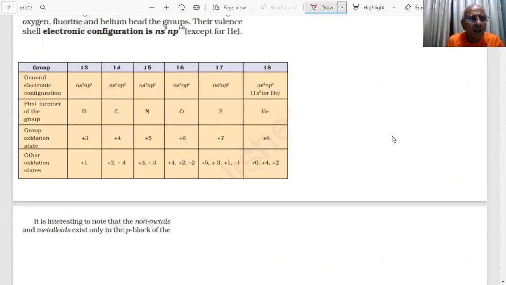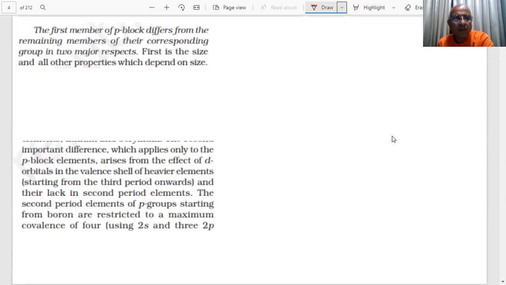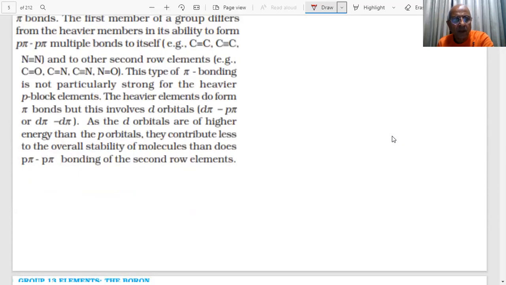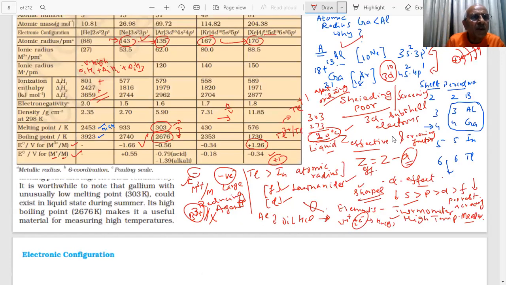Oxidation state, group 13: +3 and +1. Okay, this is for group 14 and this. That doesn't help us anymore. All right. Did we give anything here on oxidation state? No. Okay.